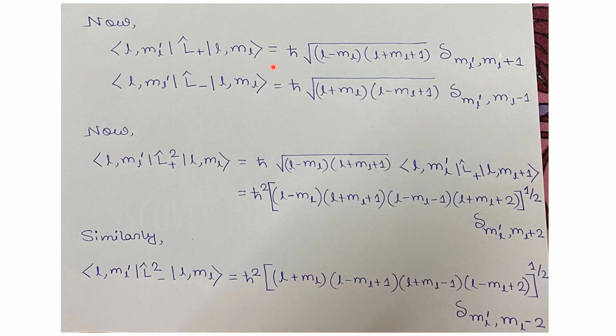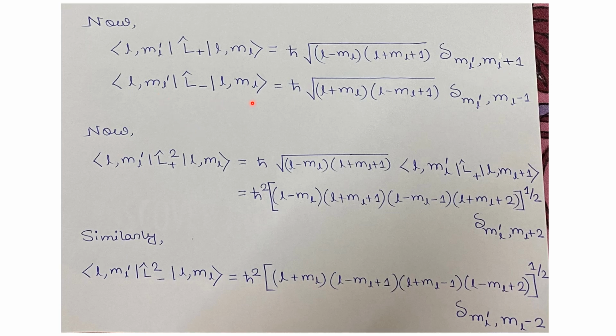As all the l and ml states are orthogonal, the inner product will give delta of ml dash, ml plus 1. So this value will be 1 when ml dash equals ml plus 1, and it will be 0 when ml dash is not equal to ml plus 1.